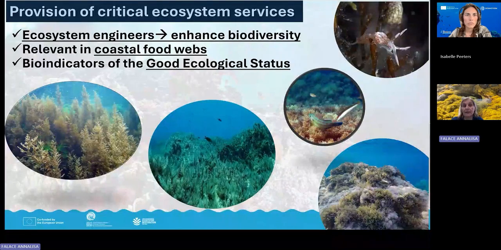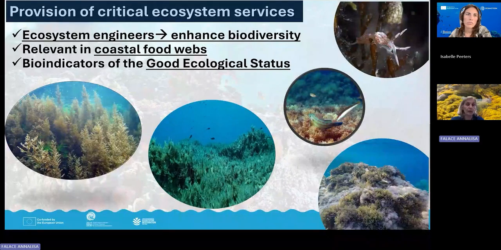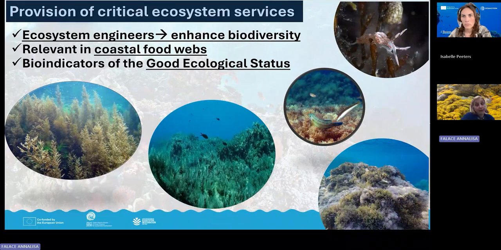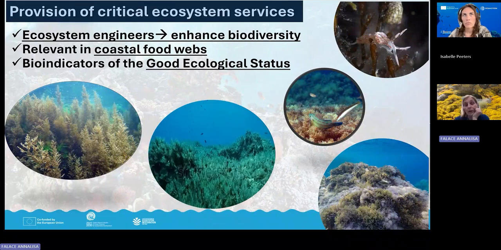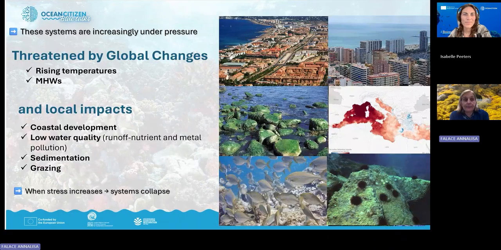They are very relevant in coastal food webs, and they are also used as an indicator of good ecological status in several ecological indices. But we have observed in the last decade the disappearance, the reduction of these macroalgal forests worldwide.